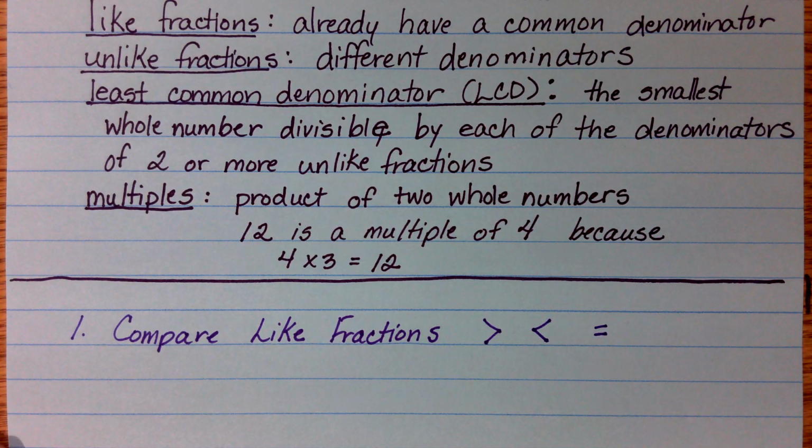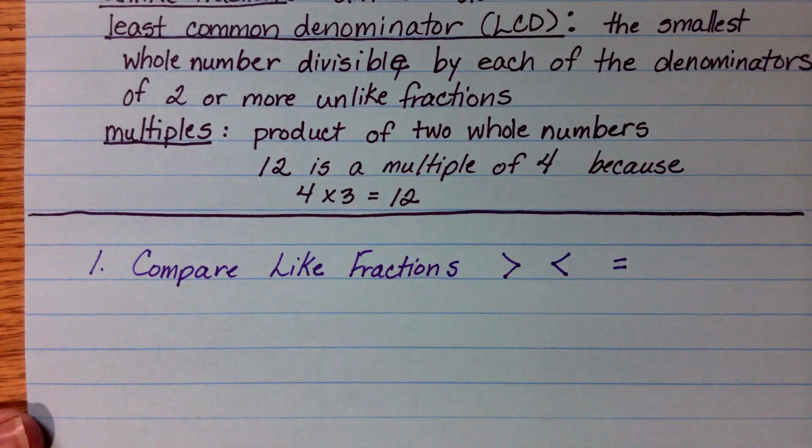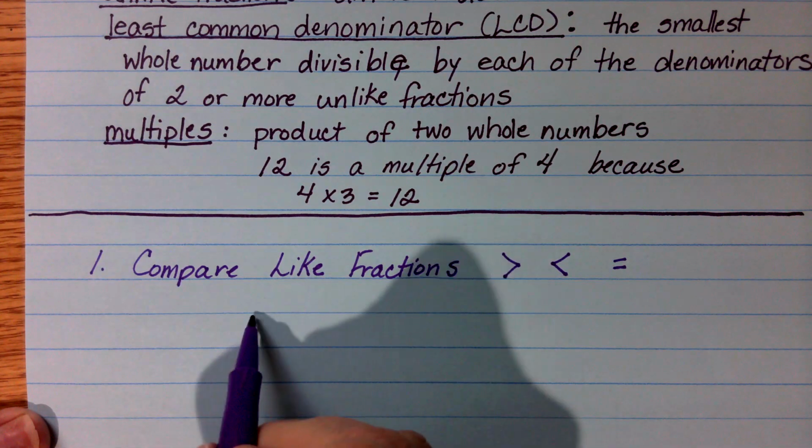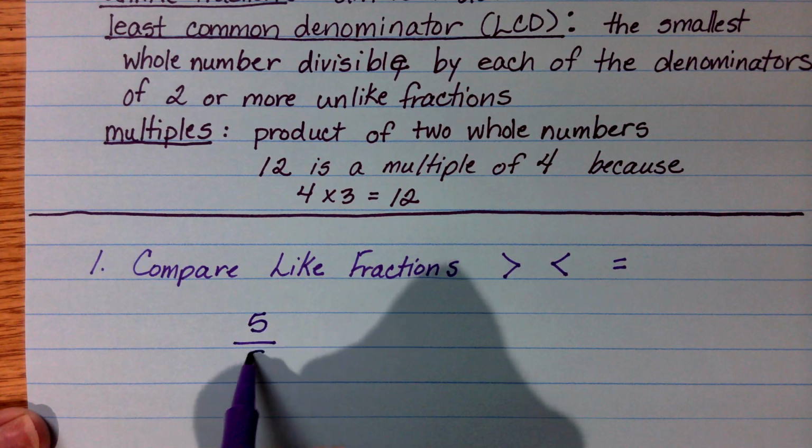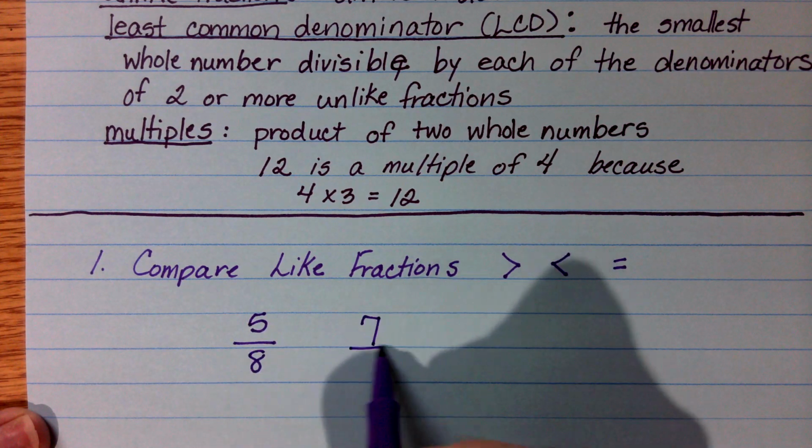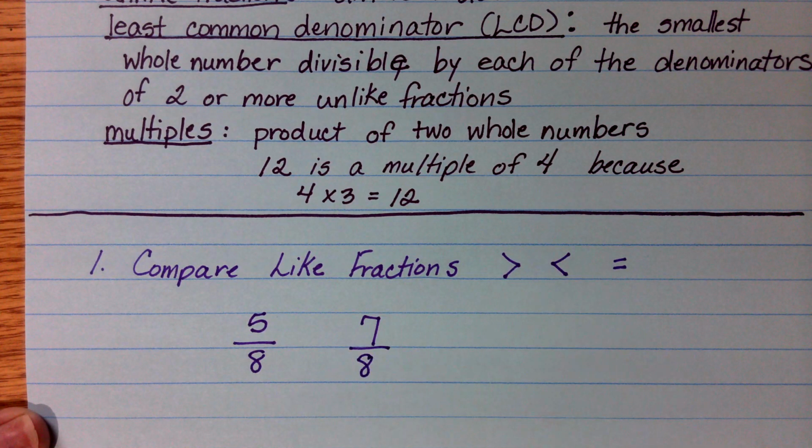So if the numbers are like, it means that they have denominators that are the same. It means that their whole is cut into the same number of pieces. So for our first example, example 1 is going to be 5/8 compared to 7/8. This is a really easy thing to compare because we're dealing with eights. It's apples to apples, as the saying goes.